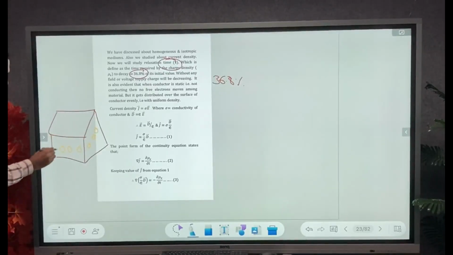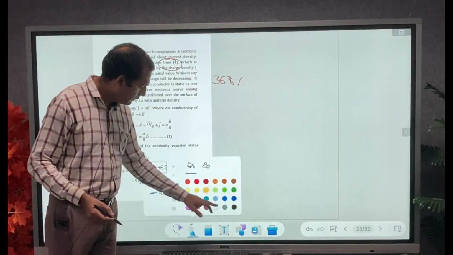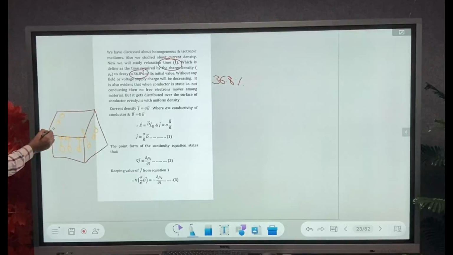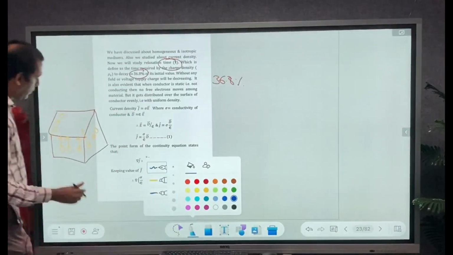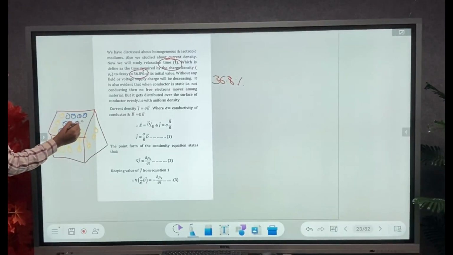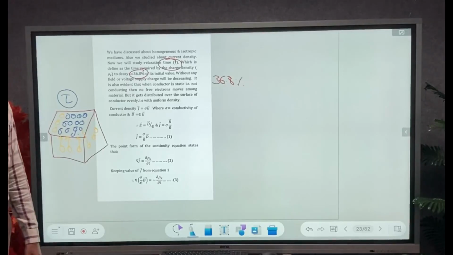But these charges will disappear from the inner part and they will appear on the surface of the material for the flow of conduction. In simple language, the time taken by the charges to disappear from one place and appear on the surface is considered as the relaxation time tau. So this tau is relaxation time.